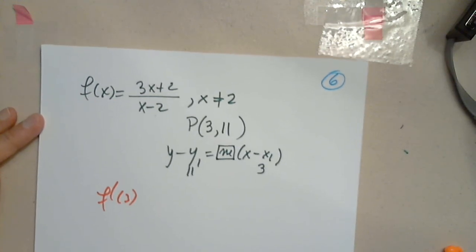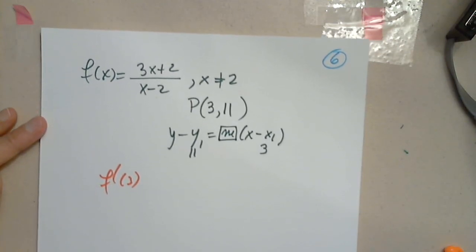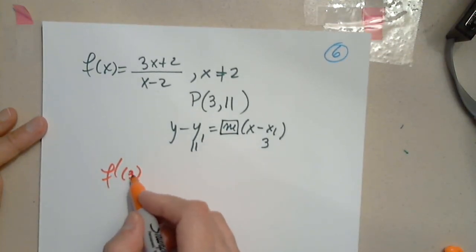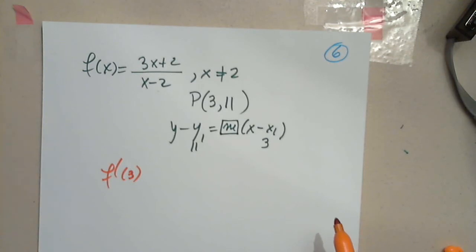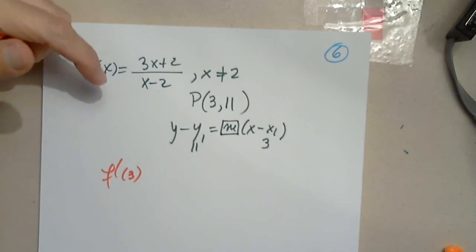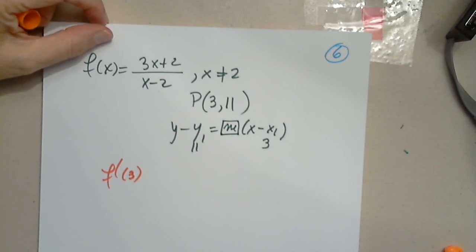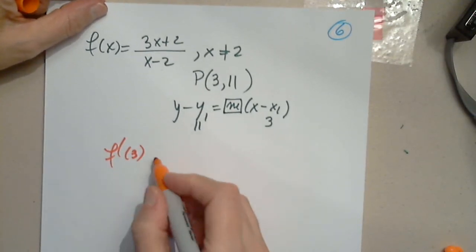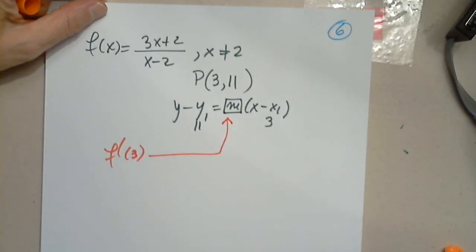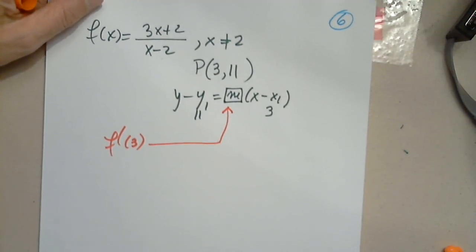So find the derivative of the function using the limit of the difference quotient. They're not asking us to use the differentiation rules, but the definition. Then I have to find f prime of 3 to replace m.